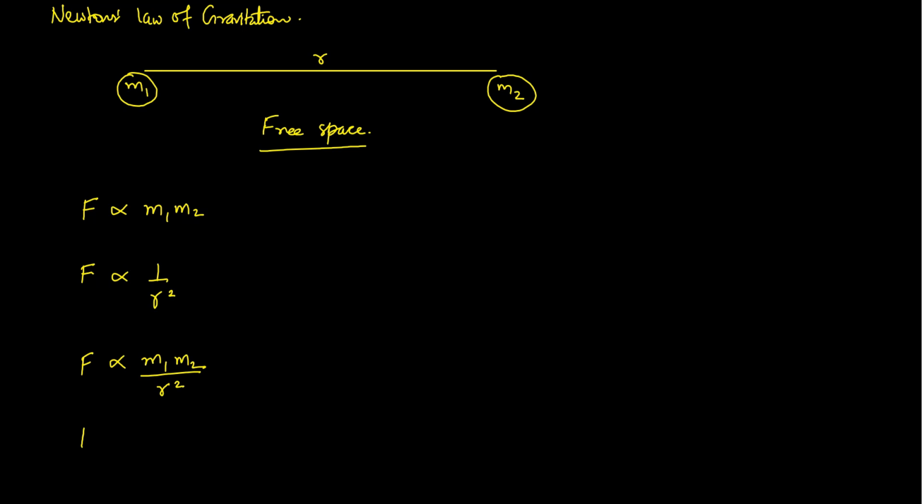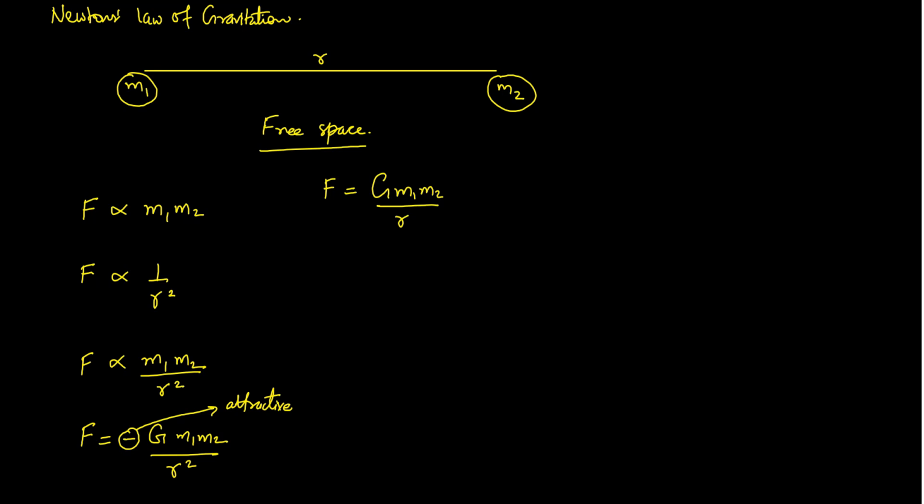Now when we remove the proportional sign, we write a constant here, capital G, and a minus sign. Remember that the minus sign only signifies that the gravitational force is attractive in nature. If we write the magnitude, or if it is written somewhere like this, G m1 m2 upon r square, it is understood that this is attractive in nature.